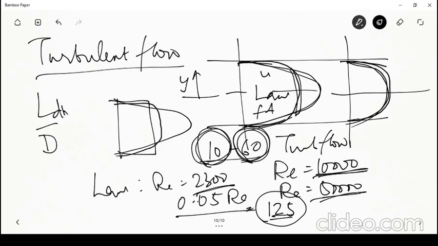Suppose I have, let's say, a 2-inch diameter or 5 centimeter diameter pipe which is carrying water, then 10 diameters of it is only 50 centimeters. So within about half a meter of the length of the pipe, the flow becomes fully developed.